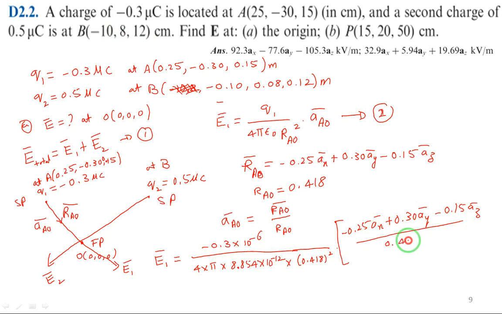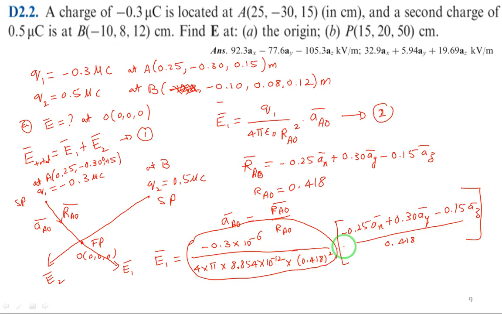Magnitude is 0.418. So we will calculate. I am taking the help of a calculator here. First I will calculate this part, then I will multiply with the inner thing. First I will calculate this part, how much I will get, we'll see. Then I will multiply one by one.